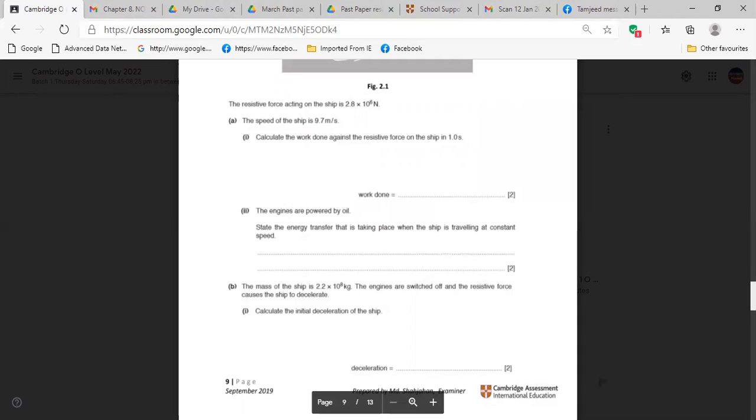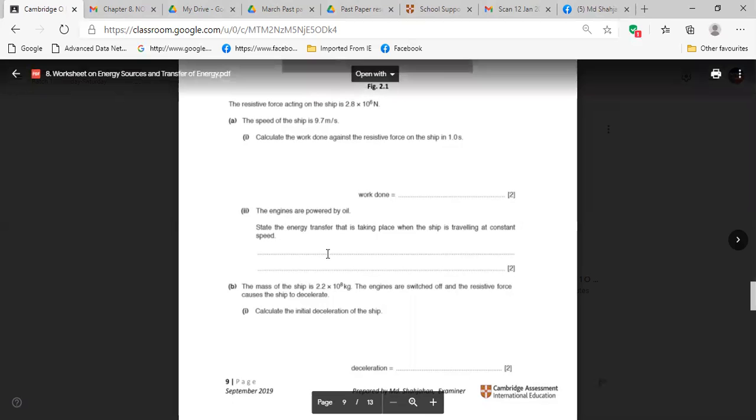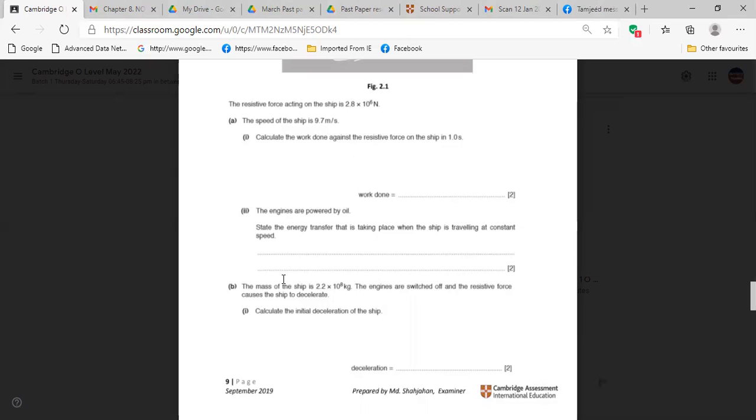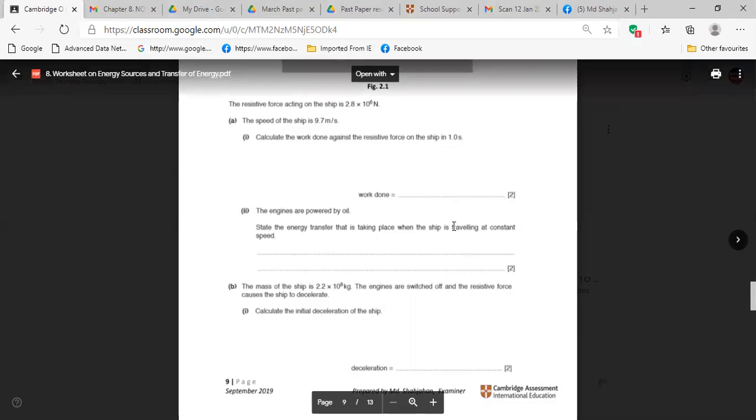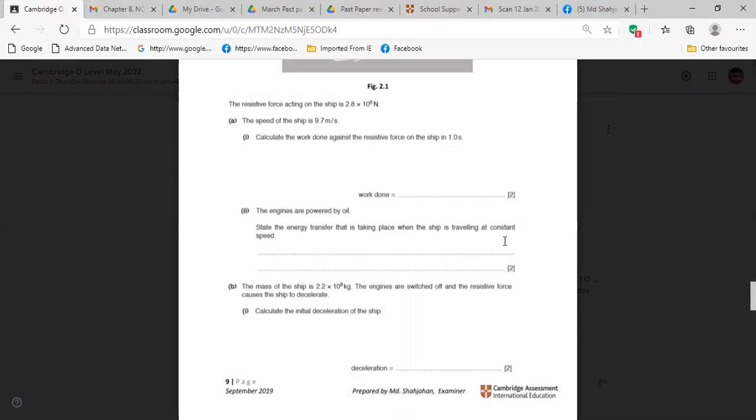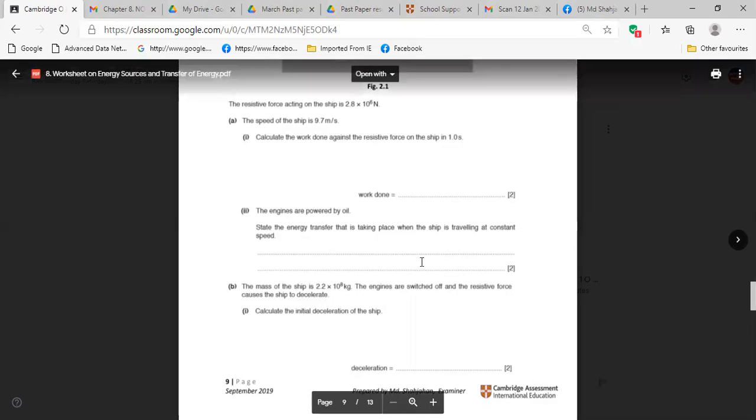Chemical energy to heat energy, then kinetic energy. Three steps, right? So you write it: chemical energy to heat energy, and then kinetic energy, because they are saying it's traveling at constant speed, so it is now in kinetic energy, the last step.